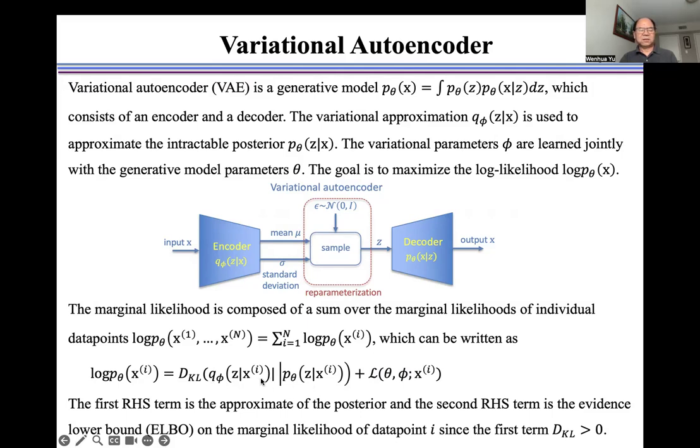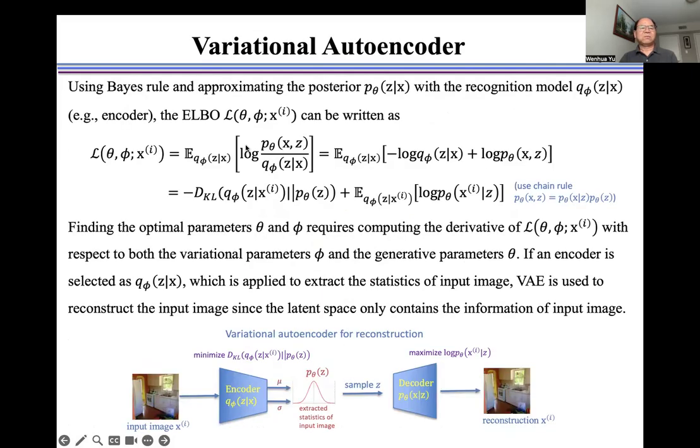The first term is the approximation of the posterior, and the second term is the evidence lower bound on the marginal likelihood of data point i, since the first term is larger than 0. Using Bayes' rule and approximating the posterior P theta with the recognition model Q phi, for example an encoder, the evidence lower bound L is written as here.